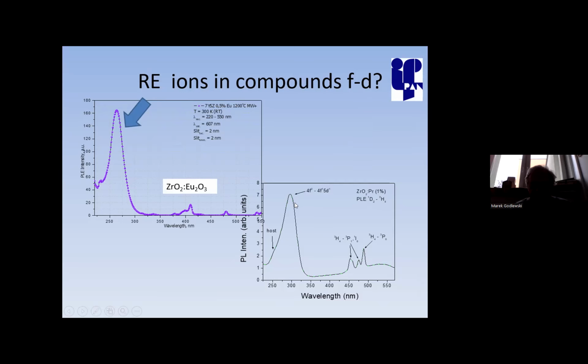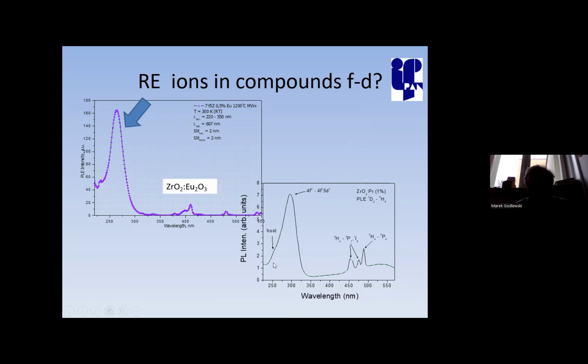Quite often, the natural way, in many publications, was to say that this is 4f-5d excitation. This is an allowed process and can result in quite efficient energy paths.